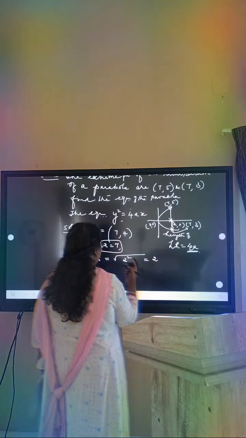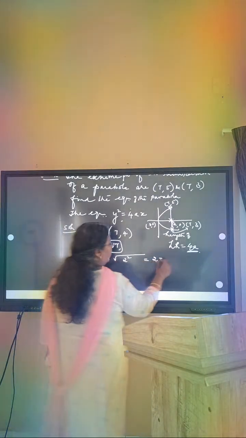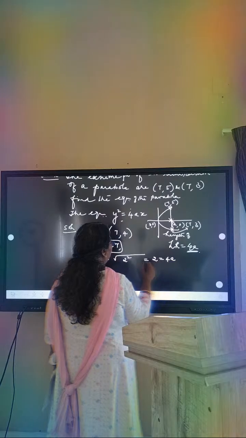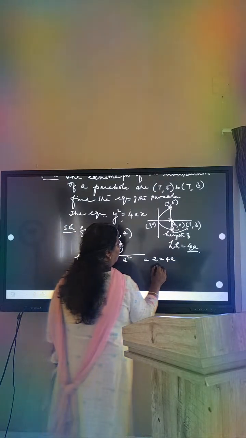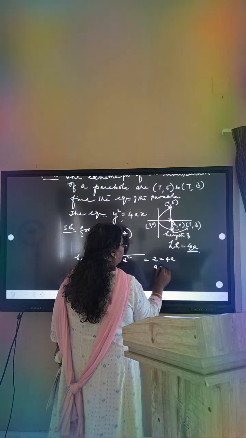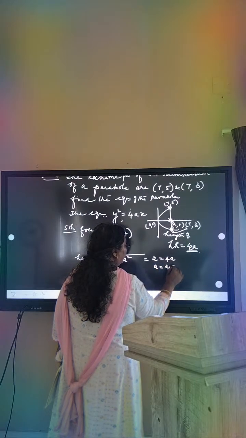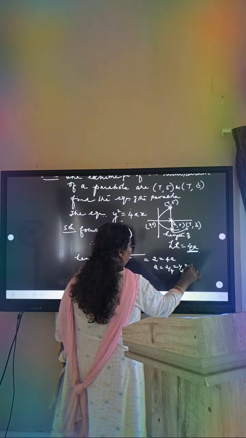So the length of the latus rectum is 2. This is 4a, and therefore a is equal to 2 by 4, which is 1 by 2, equal to 0.5.